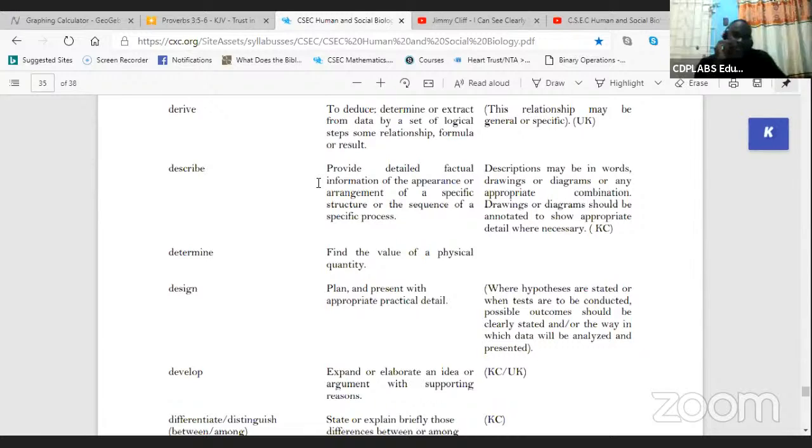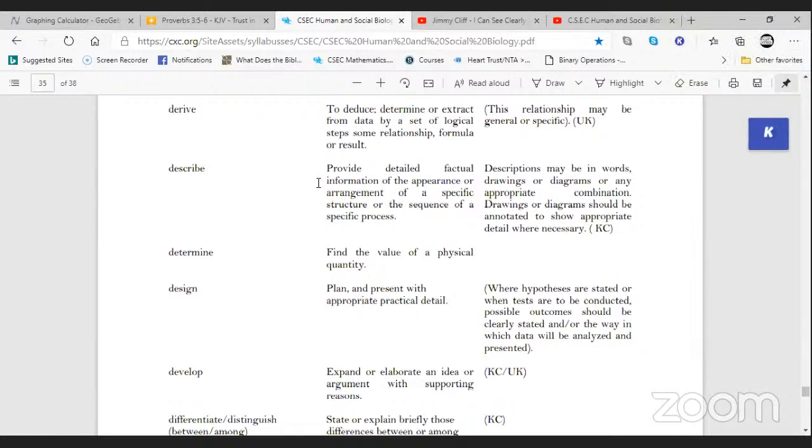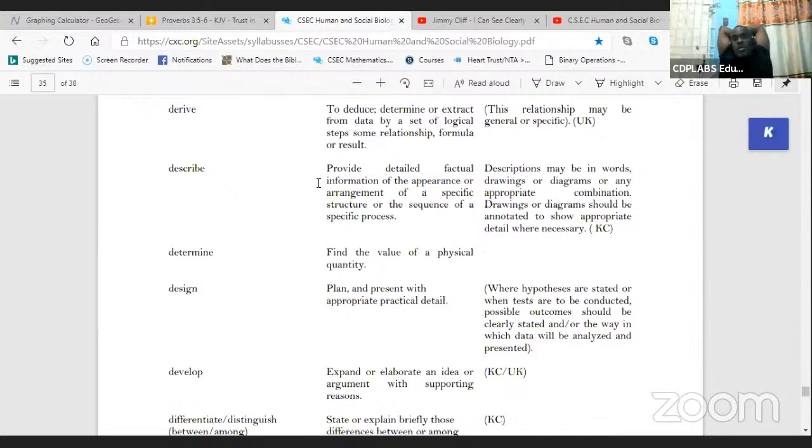process. Okay. So they are saying to you that when the exam asks you to describe, you must provide detailed factual information of the appearance. So description can be talking about the appearance or how something looks, or the arrangement of a specific structure or sequence of a specific process.